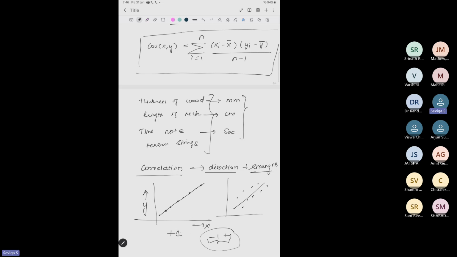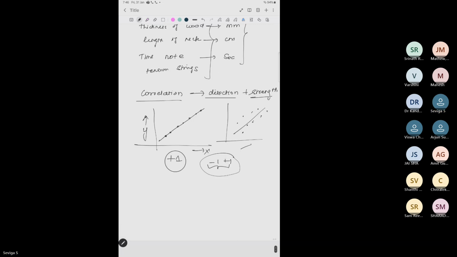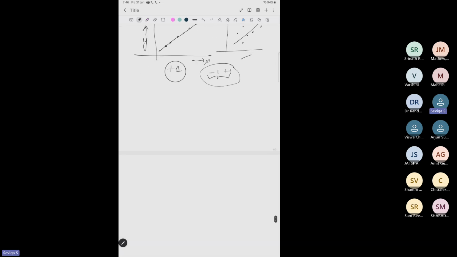In this case, the value of correlation is +1, strongly correlated. This is weakly correlated. When the correlation value is 0, we can say the correlation is low or weak. When the correlation is 0.5, we can say moderate positive correlation. When the correlation is perfect +1, perfect positive correlation.